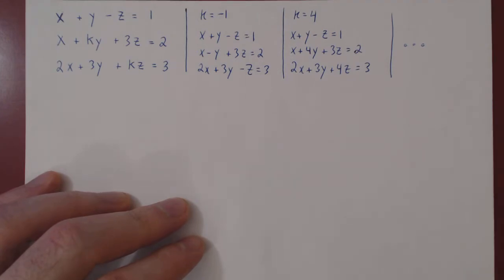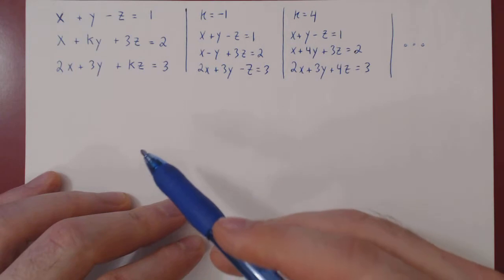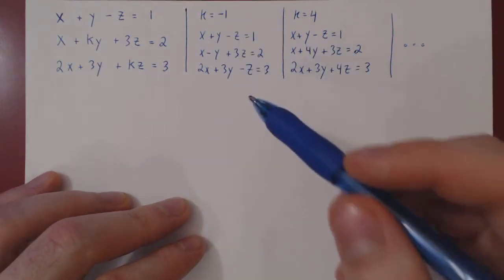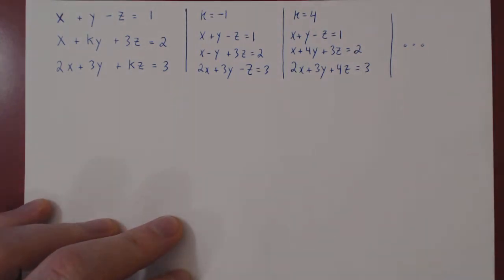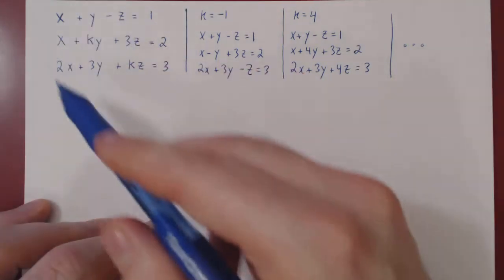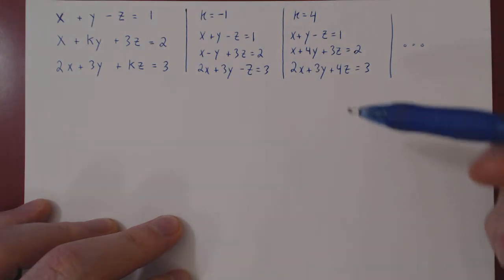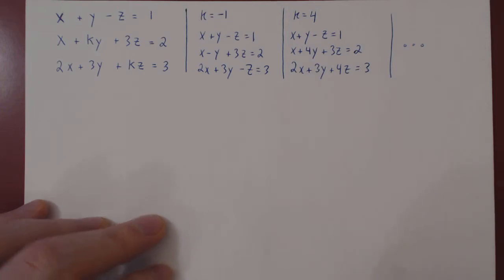Now there is a natural question to ask. How could we perhaps classify these linear systems according to values of k? Well, we know that a linear system always either has no solution, a unique solution, or an infinite number of solutions. So we could classify the linear systems in our family according to the values of k when we have no solution, a unique solution, or an infinite number of solutions.